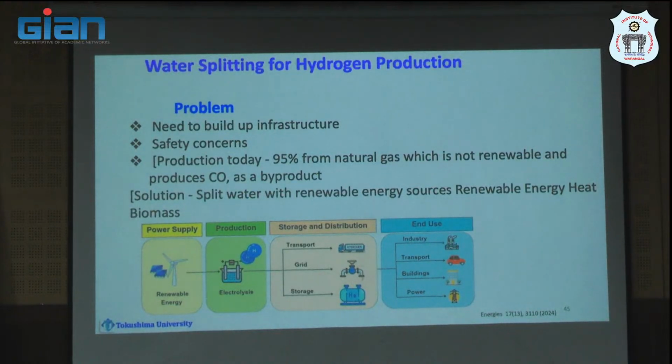So security will be a concern for this kind of production. We have to look for hydrogen production, because security is related to energy. If you have energy, you can do many things.